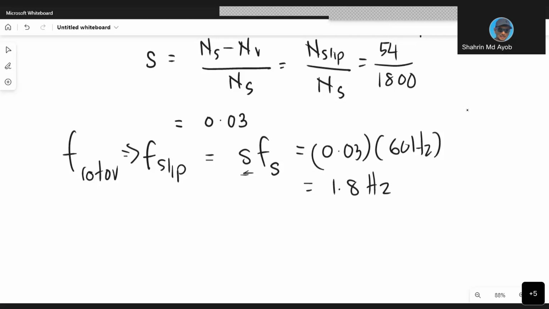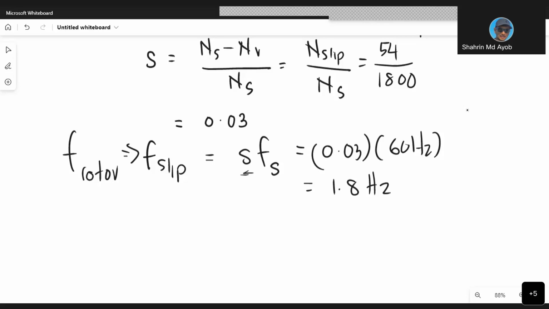That's why when you learn about the machine, they refer to the stator, kan? Sebab when you have two different frequencies in one circuit, it is quite difficult to analyze. So what they do is actually they transfer the rotor to the stator. Saya tak nak elaborate, I cannot elaborate that.